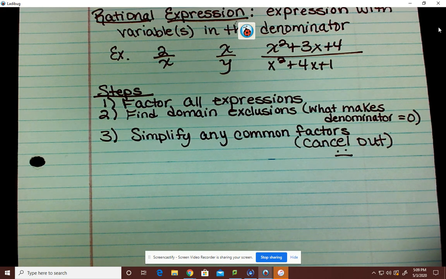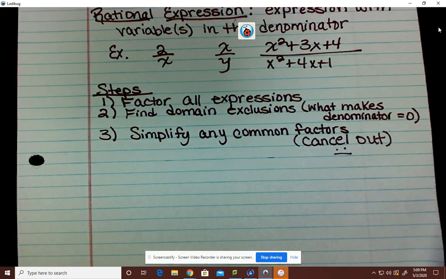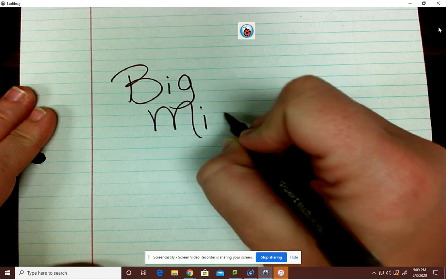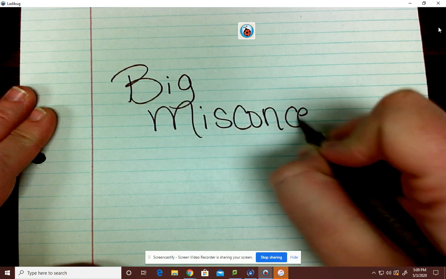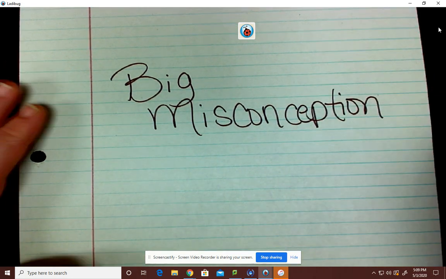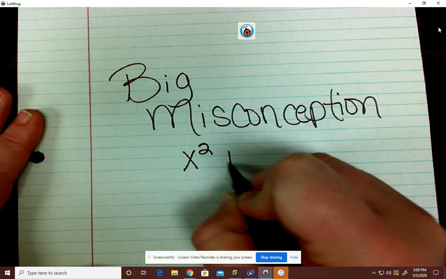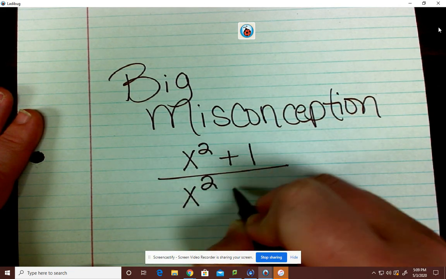Now I'm going to tell you a big misconception. I'm going to go to another sheet for a second. A misconception is something that somebody thinks is the right way to do it, but it isn't. So let's say we have x squared plus 1 over x squared minus 1.